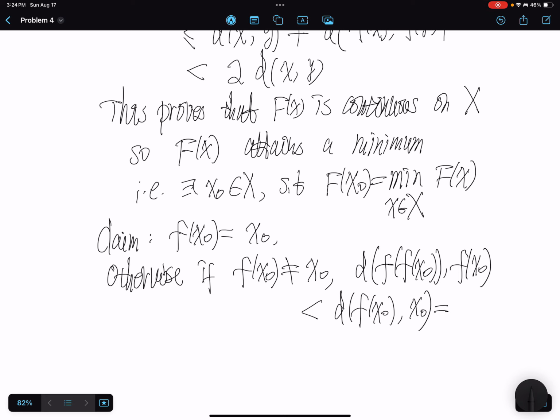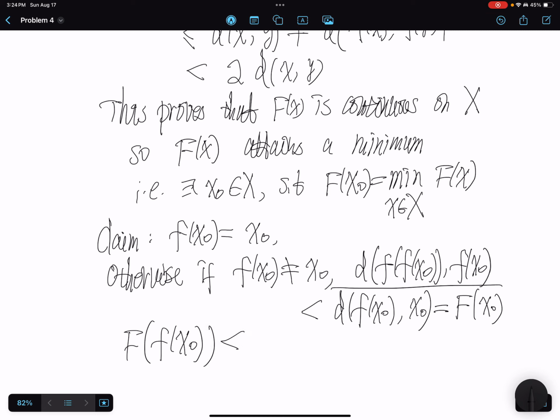And this is the definition of g of x0. So the distance between f of x0 and f of f of x0, which is g of f of x0, is less than g of x0.